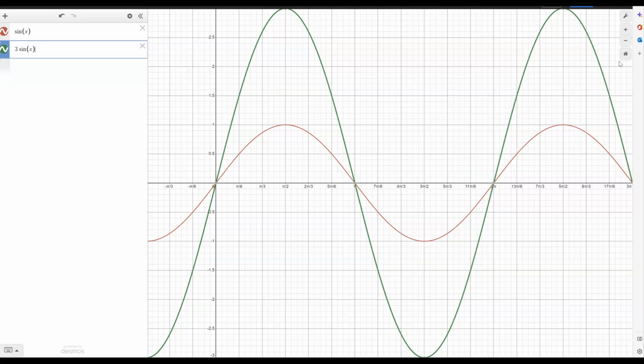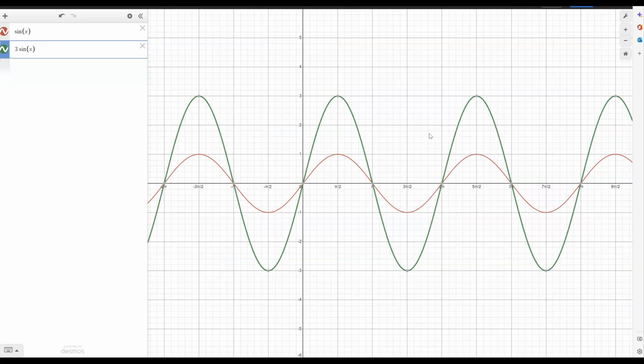Now, when I change that and say 3 times the sine of x, it's the same sine. It's still over 0 to 2 pi, and it still crosses at pi, 0. But instead of going only up to 1, I've gone up to 3. My lowest point is now -3. So that's what your amplitude does.